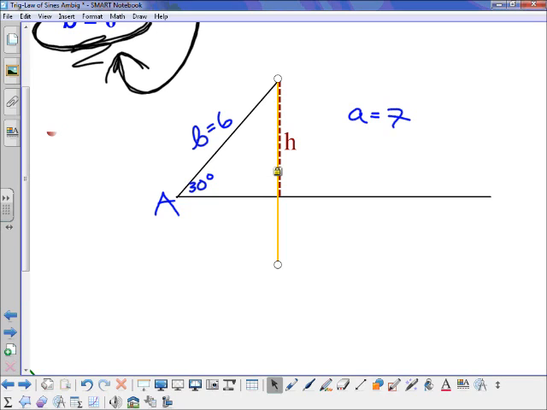I'm just pointing instead of using my pen. The height will always have to be shorter than this side, because the height is going to be the shortest distance between a point and a line, the perpendicular distance. Since this one's going up at an angle, it always has to be longer than this height. It's the hypotenuse of a right triangle.